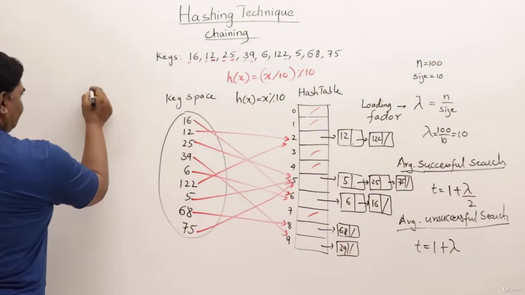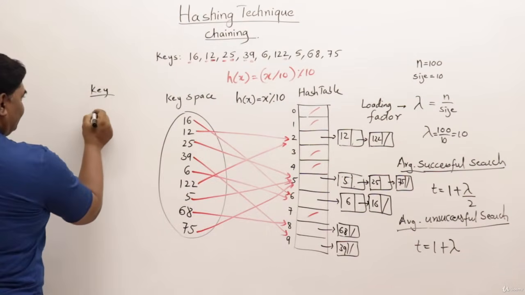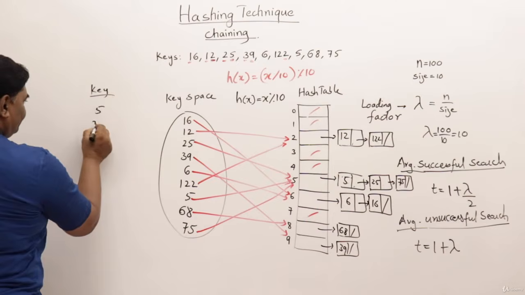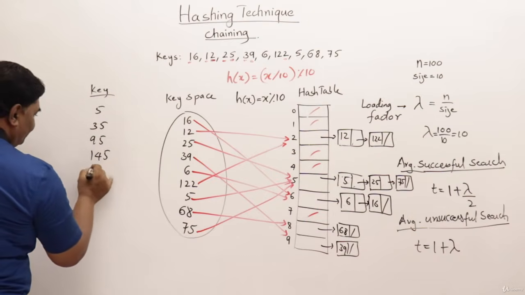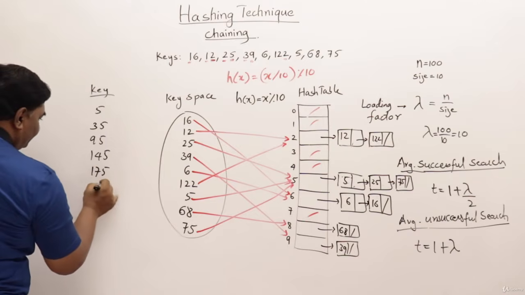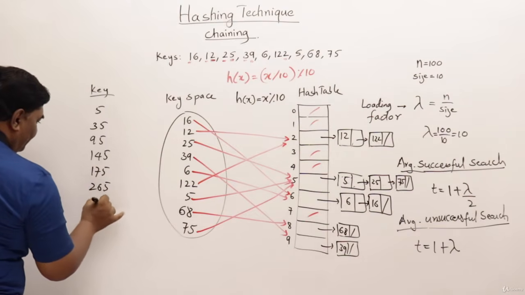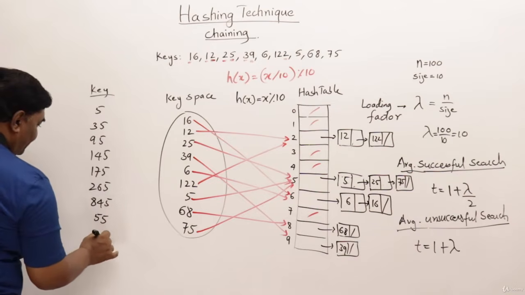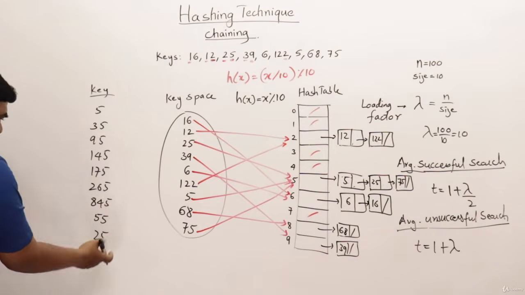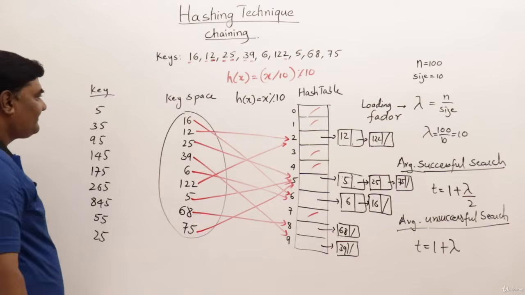Just watch here. Suppose I have keys like 5, 35, 95, 145, 175, 265, 845, 55, 25. All the keys are ending with 5 only.